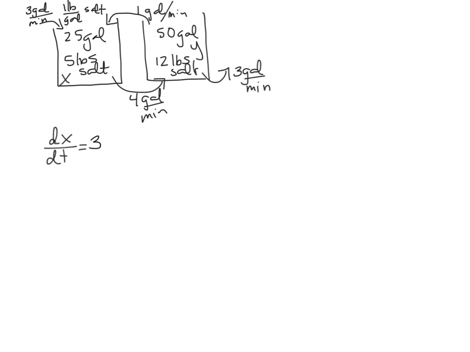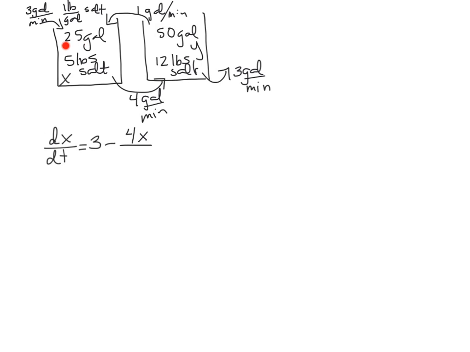Now going out of the tank, so I'm going to subtract that, and right now I'm focusing on this part right here. So going out of the tank at 4 gallons per minute times some pounds of salt that's in that tank, and then I've got to divide that by the number of gallons in that tank. All right, so let me think about this.